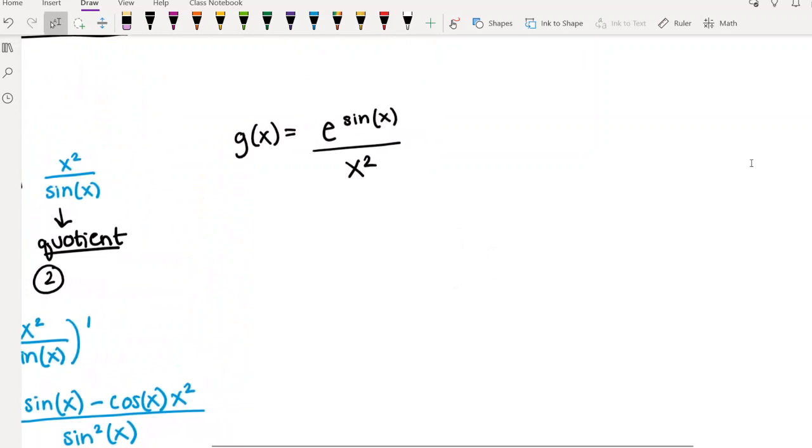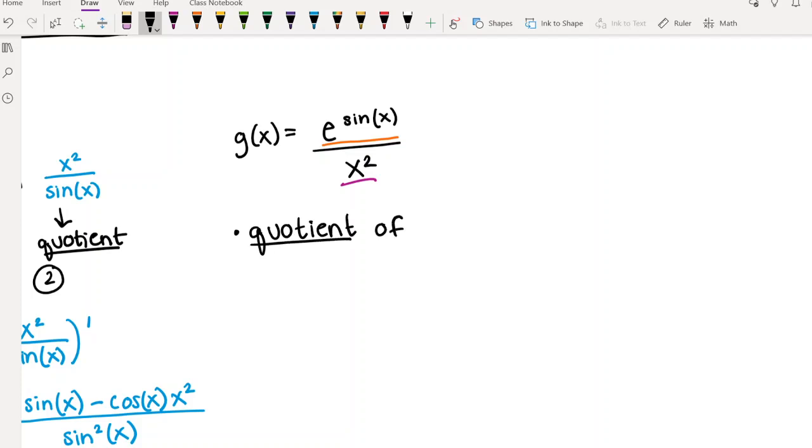So this one is first and foremost a quotient, right? Before using the chain rule, we're going to have to use the quotient rule. So this one is a quotient where you're taking e to the sine of x and dividing it by x squared. So this is a quotient of e to the sine of x and x squared.